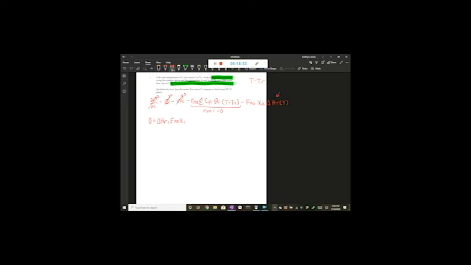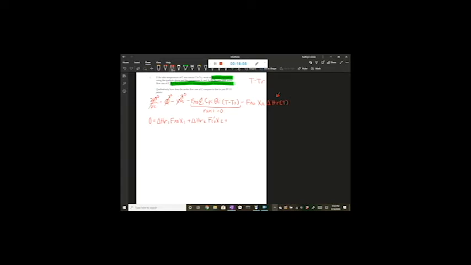For the second reactor, we have plus delta HR2 FC naught X2, plus, let's actually label these F primes so that we know it's a different problem.